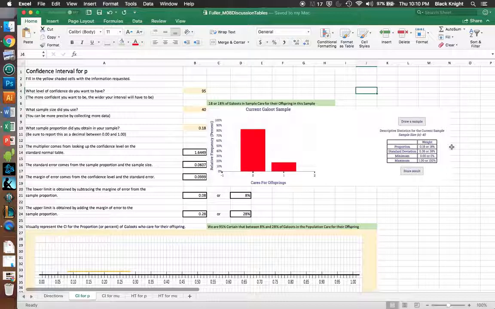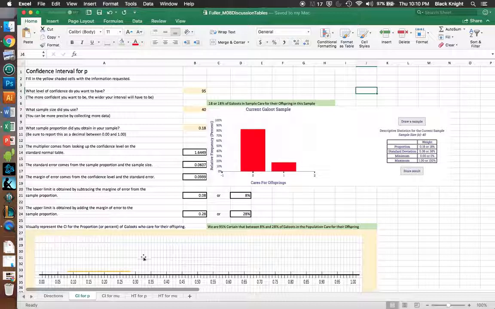From that we can expect a variance of about 38%, either one way or the other. Basically from this we can see a large majority of them were not caring for their offspring, and therefore we're about 95% certain that between 8% and 28% of galoots in the population are caring for their offspring.